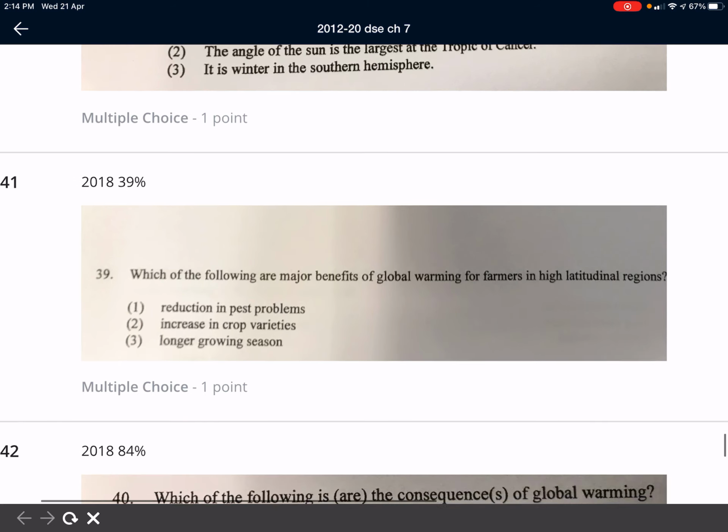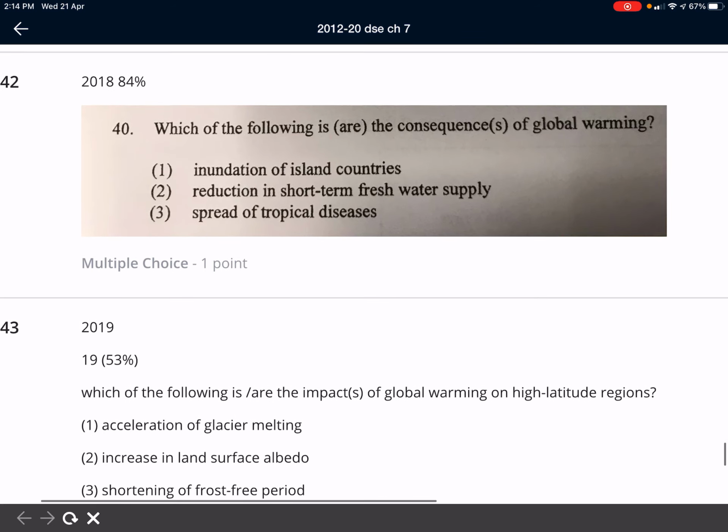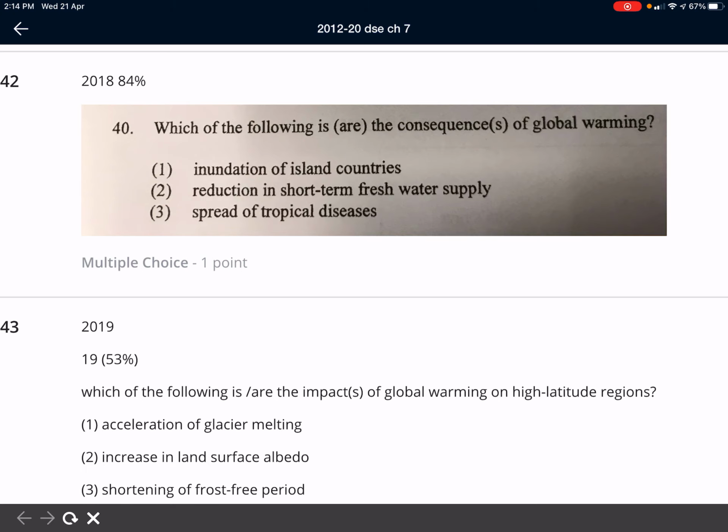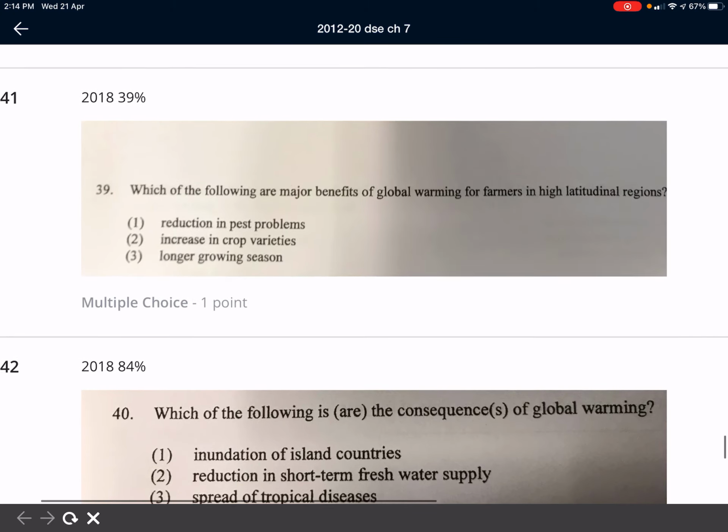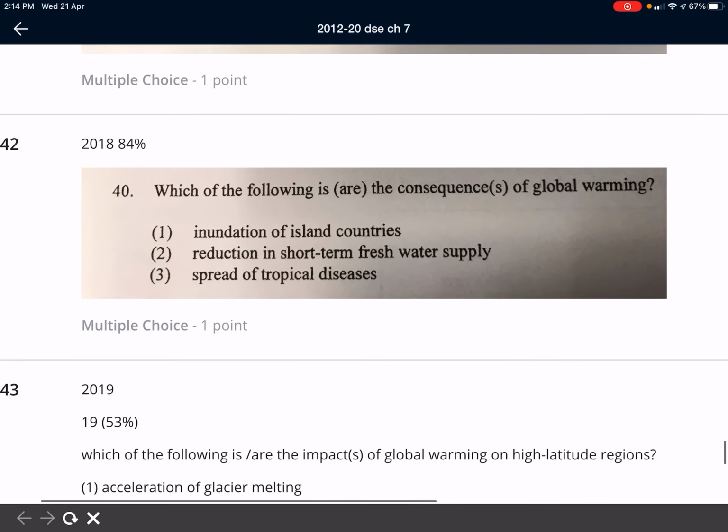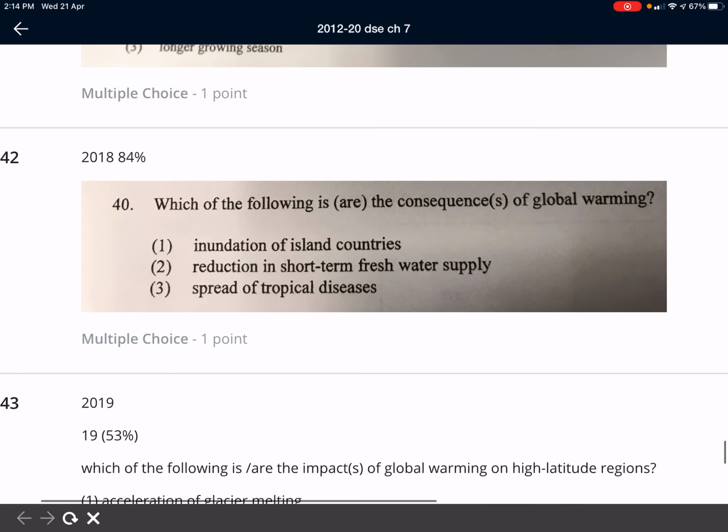And then which of the following are the consequences? Always asking consequence, impact. You can see 43 there is actually almost the same as 41, but it's just 1 year between. Okay, so crazy. Which of the following are the consequence of the global warming? First of all, inundation of the island countries. True. Reduction of the short-term freshwater supply.